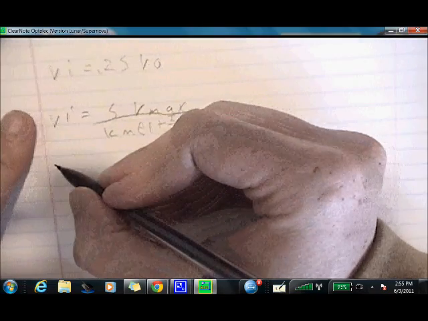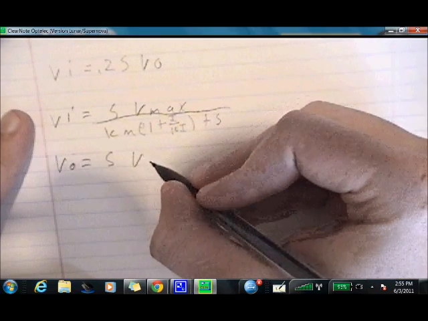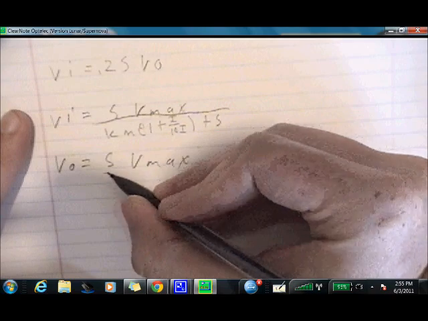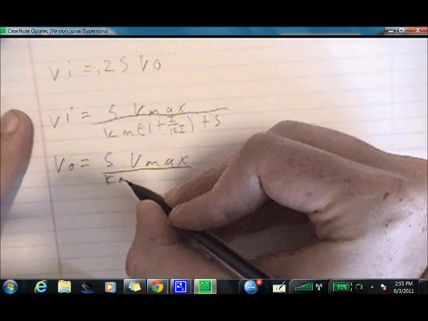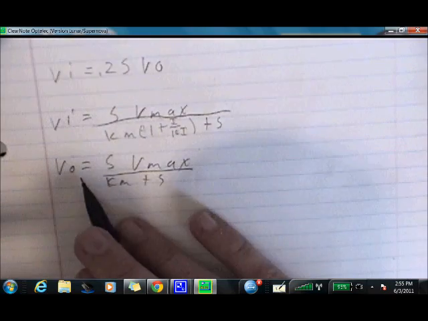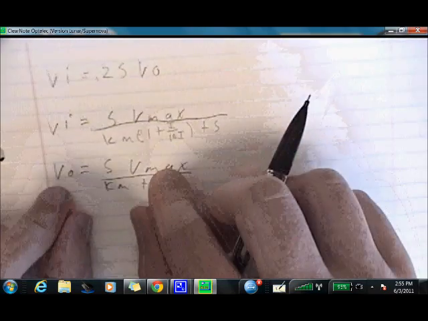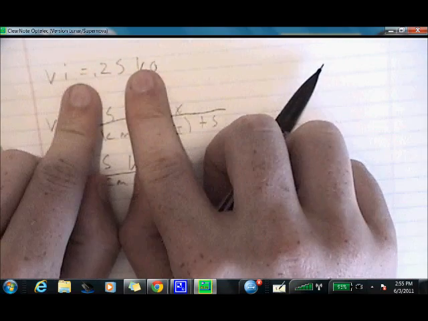Our uninhibited is going to be V0 equals S Vmax divided by Km plus S.